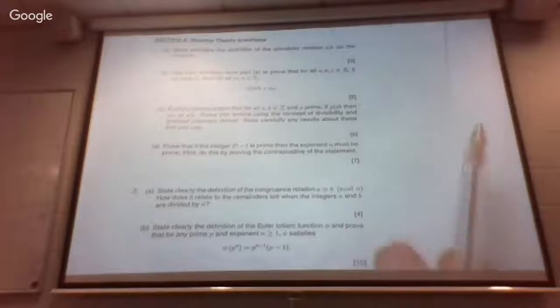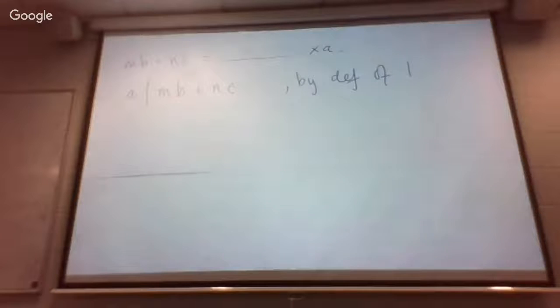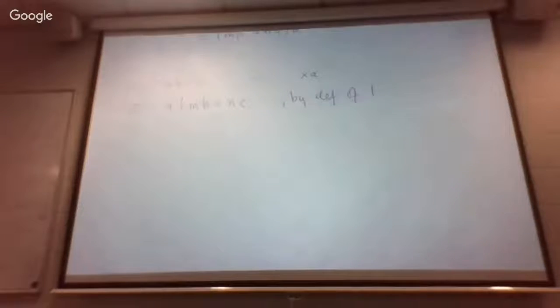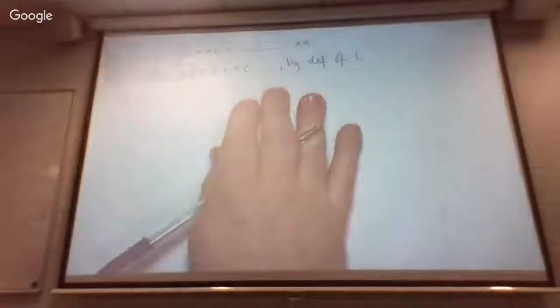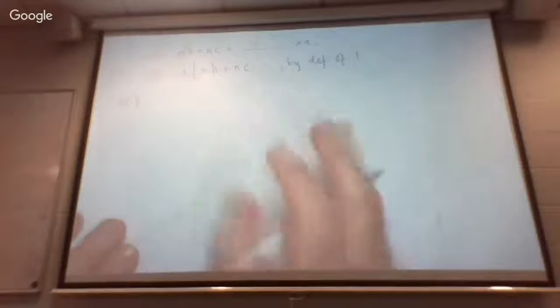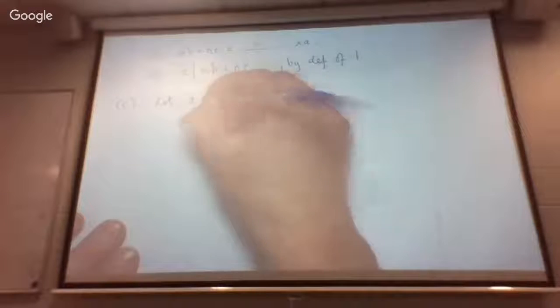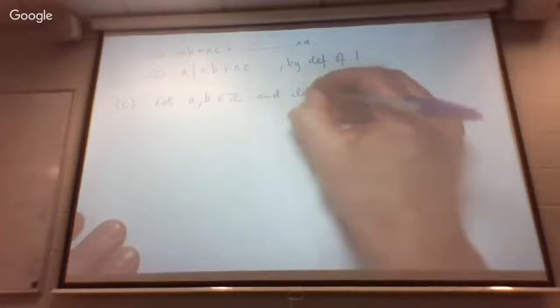And this is the kind of central turning point that allows you to do the fundamental theorem of arithmetic as well. Quite an important result, so let's go for it. Part C. So, just without thinking, write down the assumptions almost. Let a and b be integers, and let p be a prime.